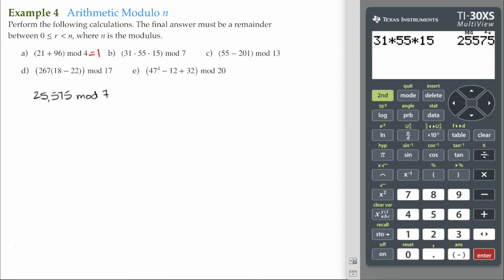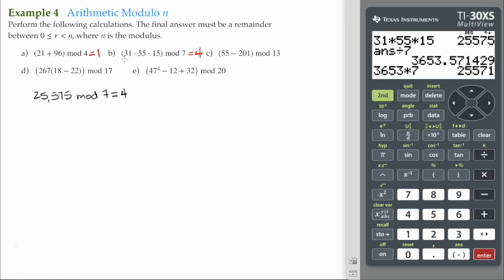I divide by 7. I have a quotient of 3,653, so I'll take 3,653 times 7. That gives me 25,571. So it's going to give me a remainder of 4. So then 31 times 55 times 15 modulo 7 is 4.